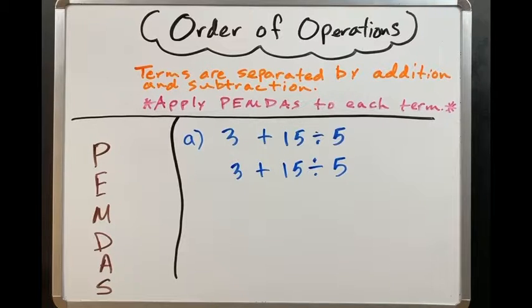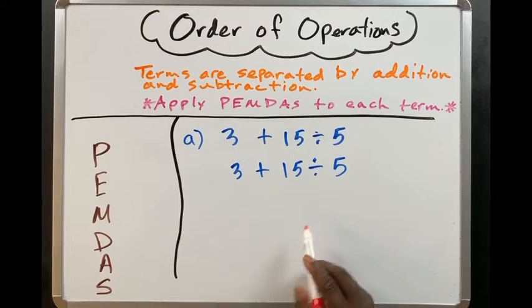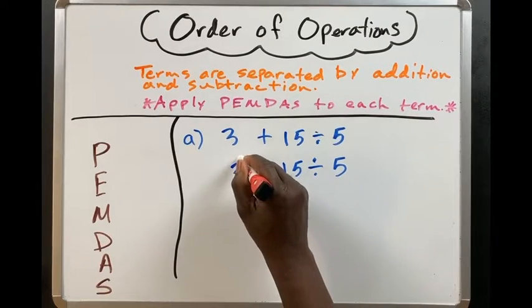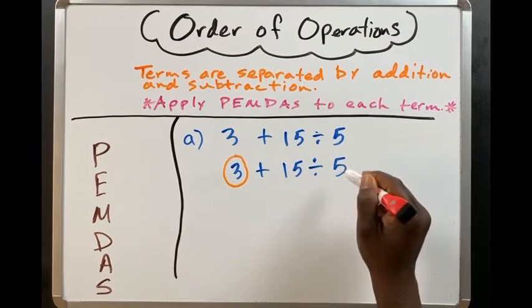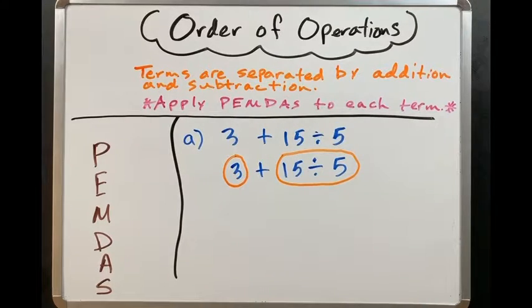Now the first thing that we want to do is circle the terms because we're going to apply PEMDAS to each term. So if terms are separated by addition, here's the addition symbol. This is one term, and this is another term. So we have a two-term expression, and we're going to apply PEMDAS to each term.